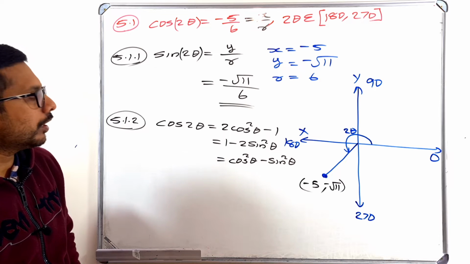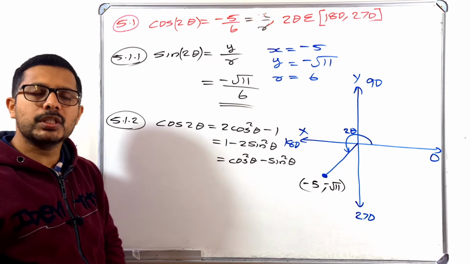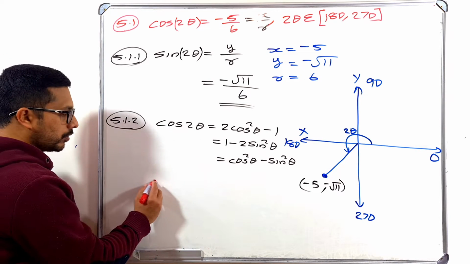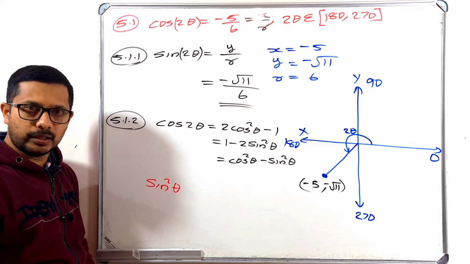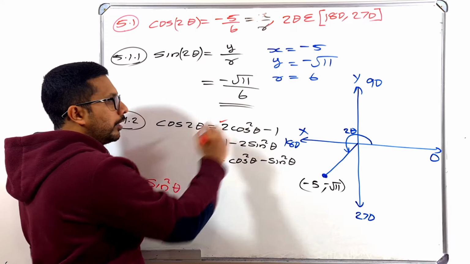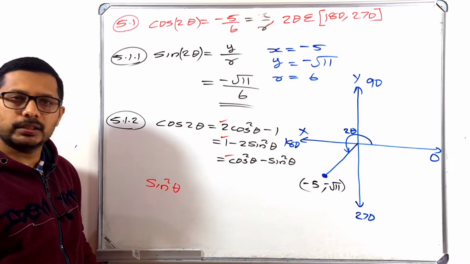So which formula can we use? Is it this one, this one, or this one? Don't forget our question: we have to find sin square theta. Can we use this one or this one to find sin square theta?